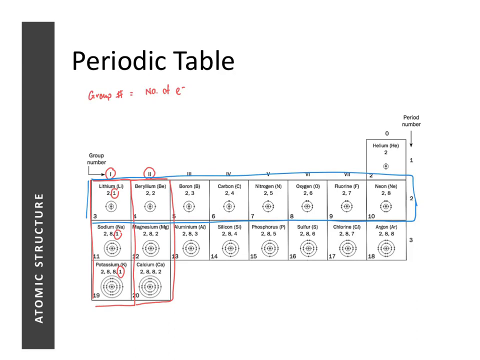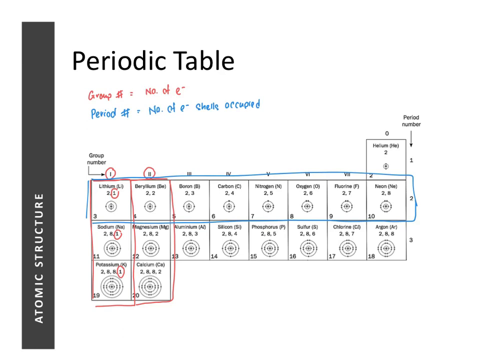Essentially the period number tells us the number of electron shells that are occupied. Another way of looking at it would be the elements in the same period have the same number of electron shells that are occupied.